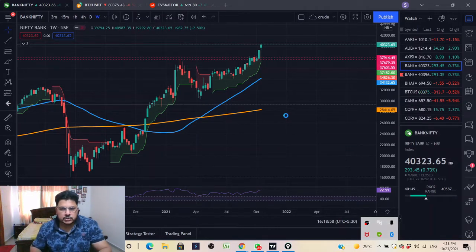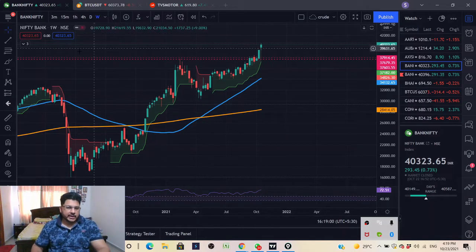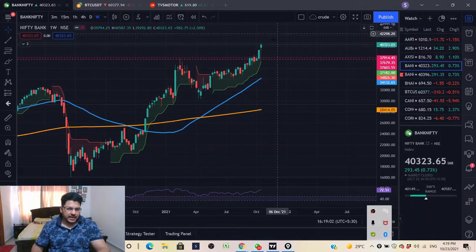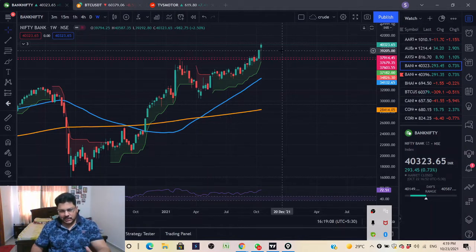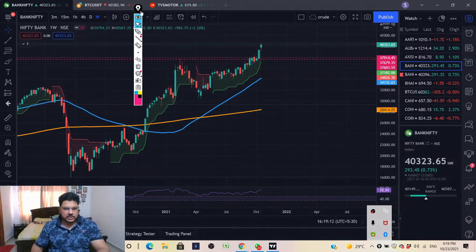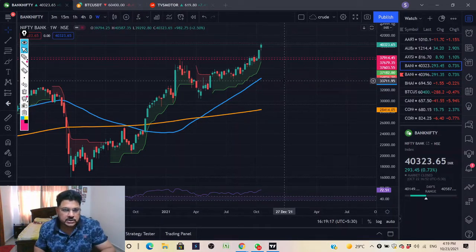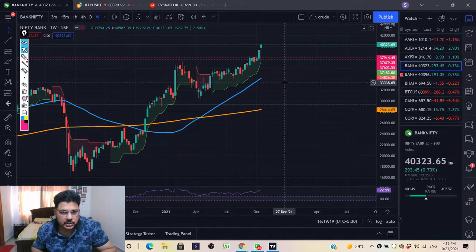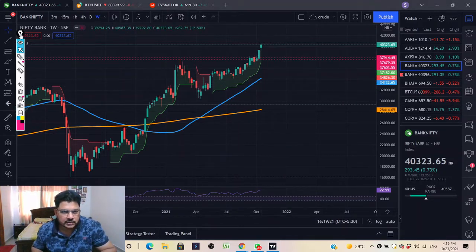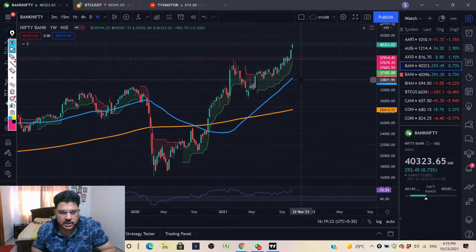What we want to do today is analyze Bank Nifty on multiple time frames, and we will also go through a lot of stocks which I already have in my watch list. Let's scan through all of them and see which stock is giving us a breakout. I will also tell you which one we should focus on this week, which is a pretty decent entry for us. So let's get started.